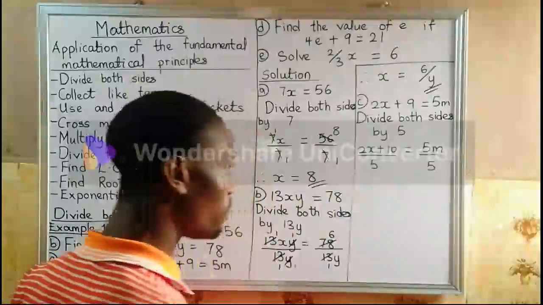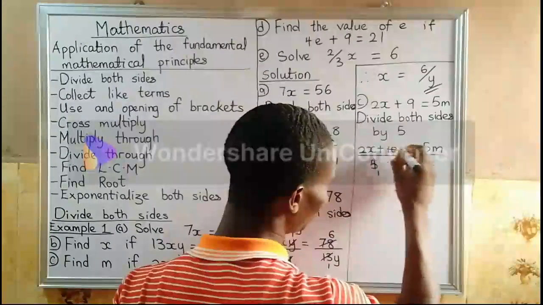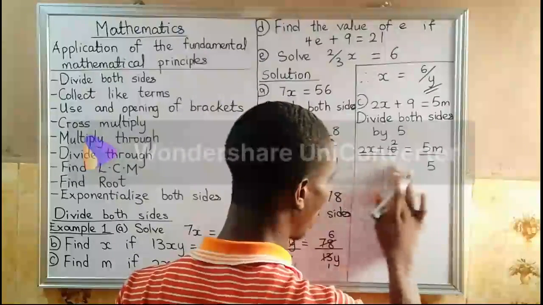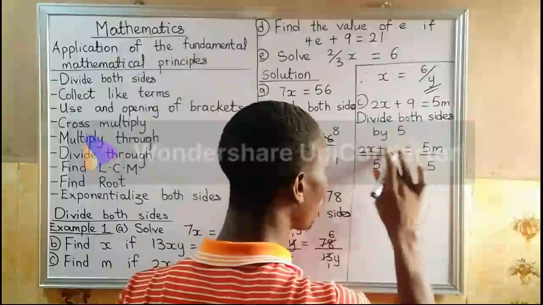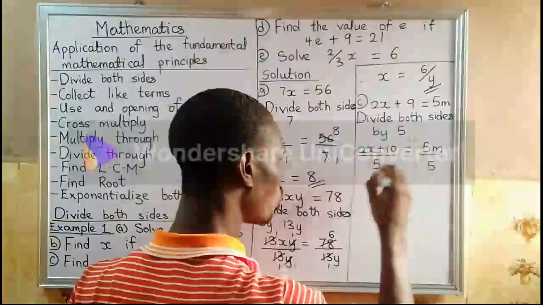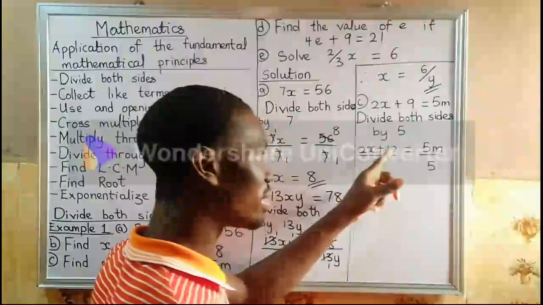Some funny students would say 5 here 1, 5 here 2. That is very wrong mathematically. Why is it wrong? It is wrong because this 5 not only belongs to 10, it belongs to both 2x and 10.